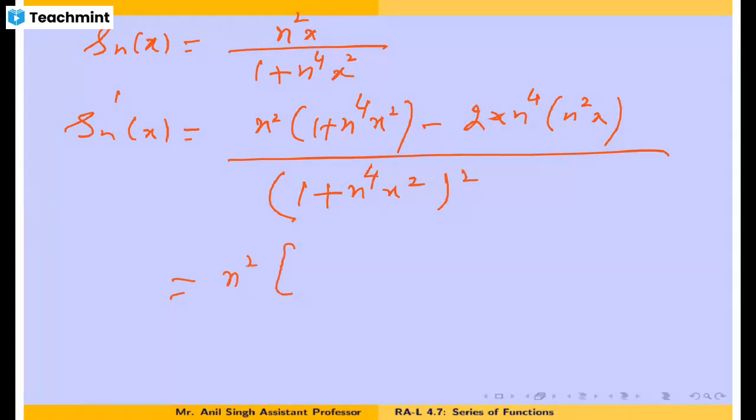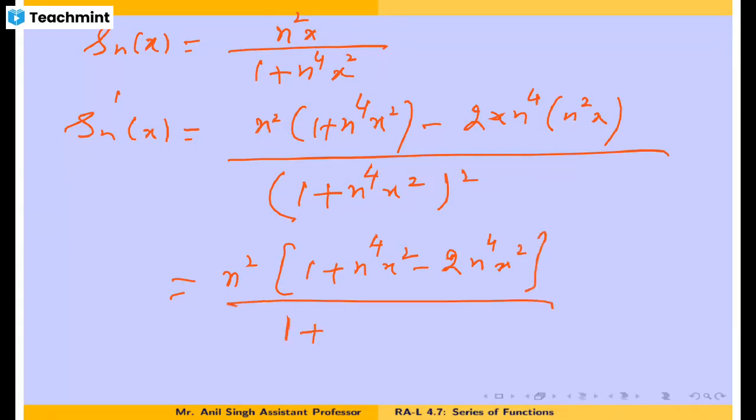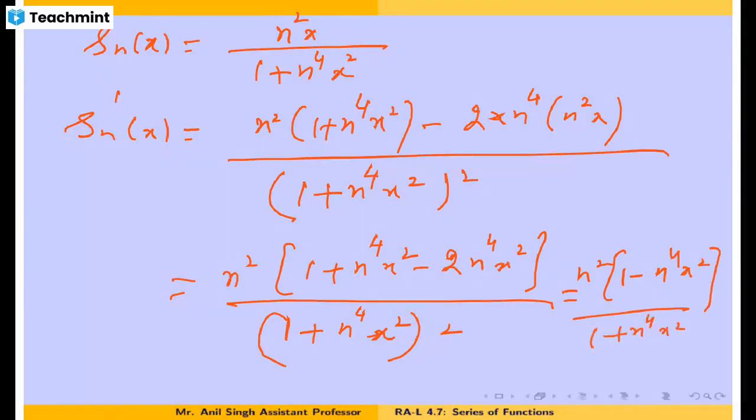You get 1 plus n to power 4 x square minus 2 n to power 4 x square, and the denominator will not change. So on top you have 1 minus n to power 4 x square, over 1 plus n to power 4 x square whole square. This is exactly what was calculated there. There is nothing wrong.